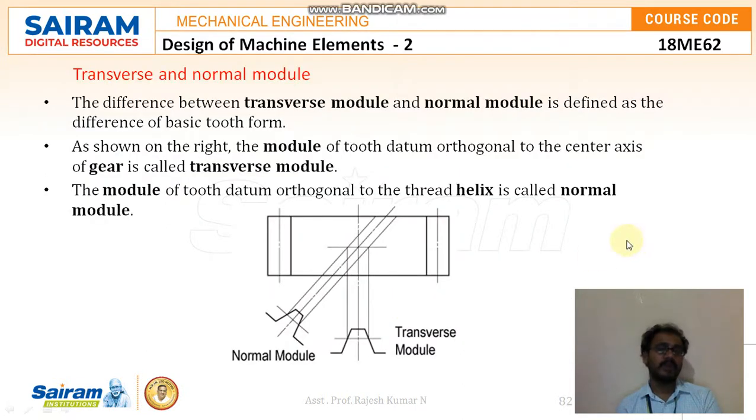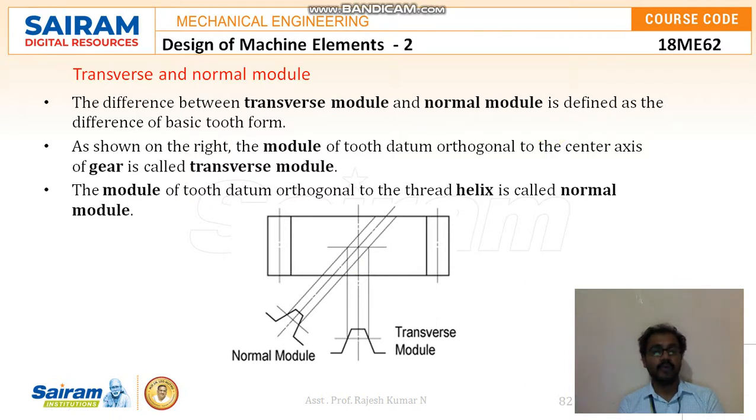We should also be aware of some important related concepts, that is the transverse and the normal module. The difference between the transverse module and the normal module is defined by the basic tooth form.